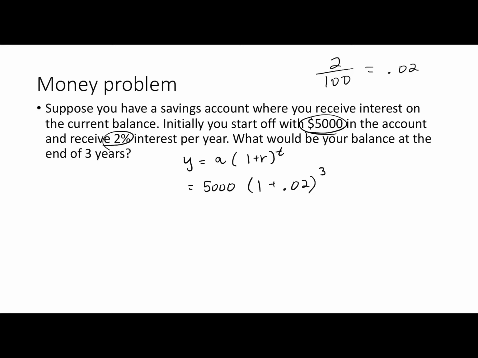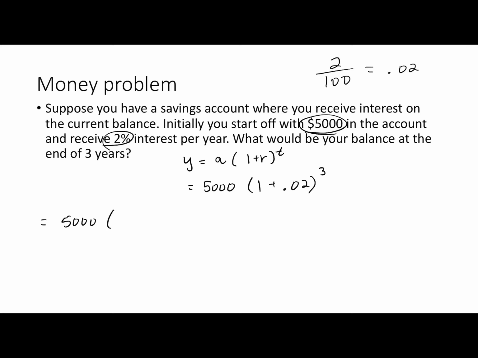Compound interest means that you're going to be gaining interest on an amount that you originally had, and then as time goes by, you gain more interest because your value keeps increasing. That might not make sense as much at first glance, but let's look at it this way.